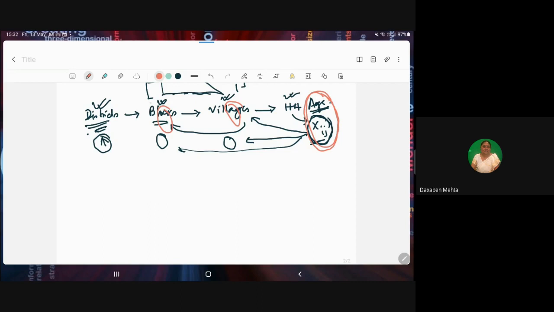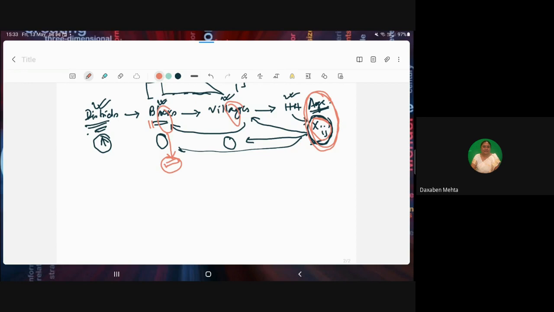If I start with the block, there is some mean age of the people of that block. If I consider this as a population, how does this population mean influence an individual's age? This is the important linking in the multivariate.